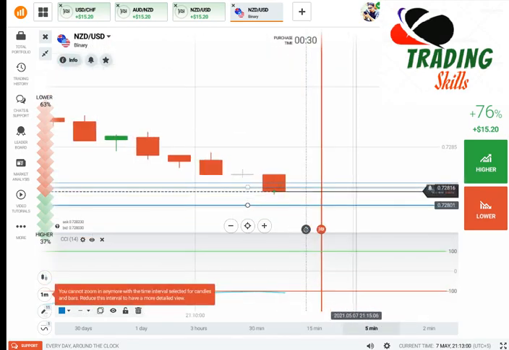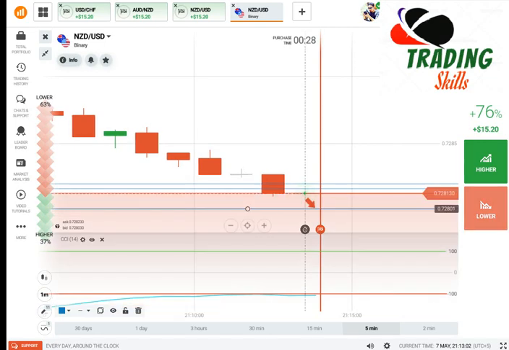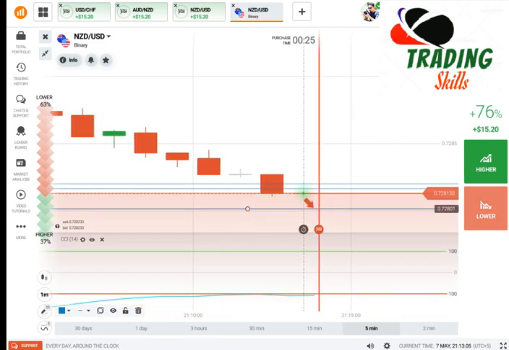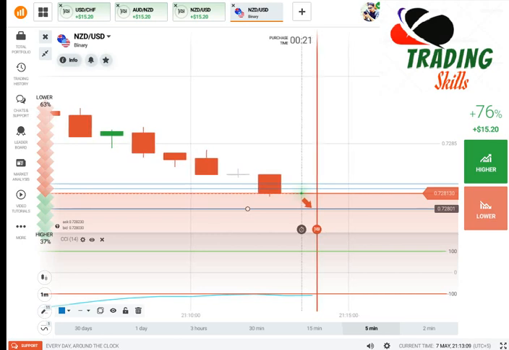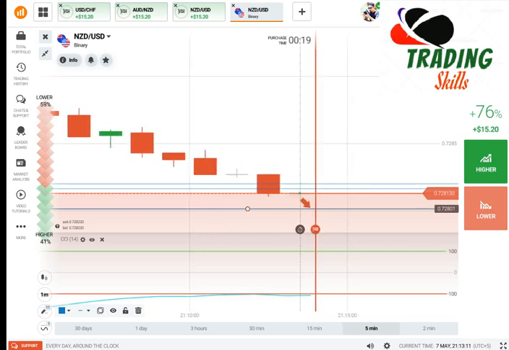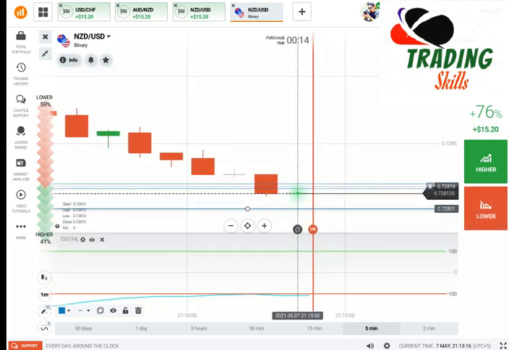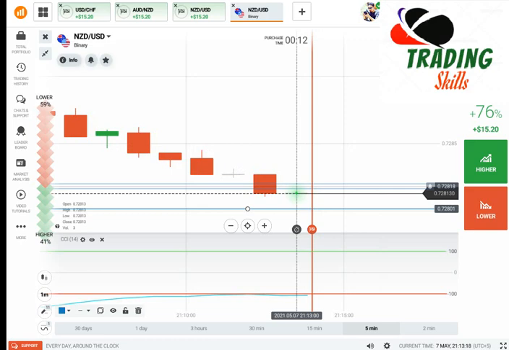Now if the candle goes up, it will give me a sign to go with the sellers. I'm waiting for this candle to go up. It has to come at least to this level, these two lines.